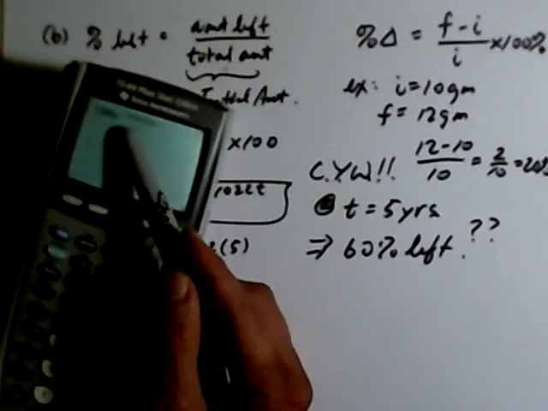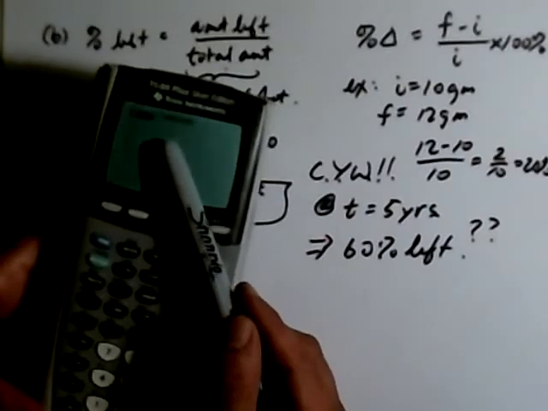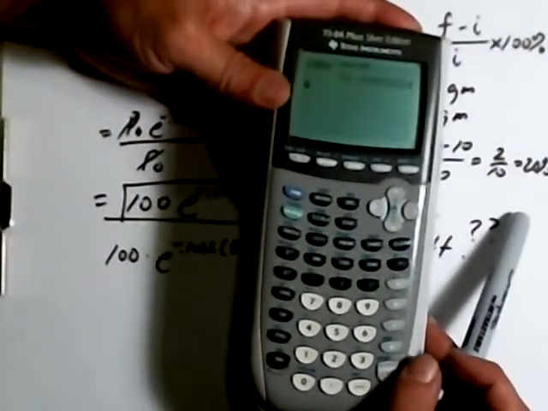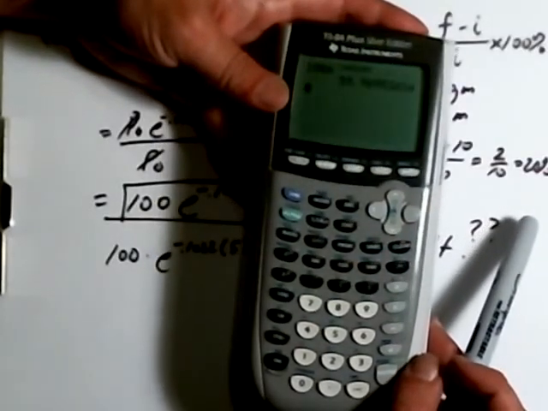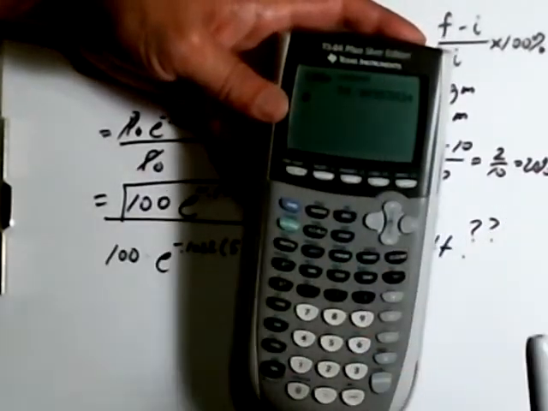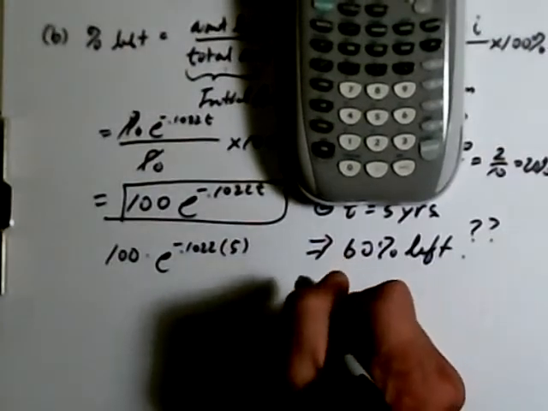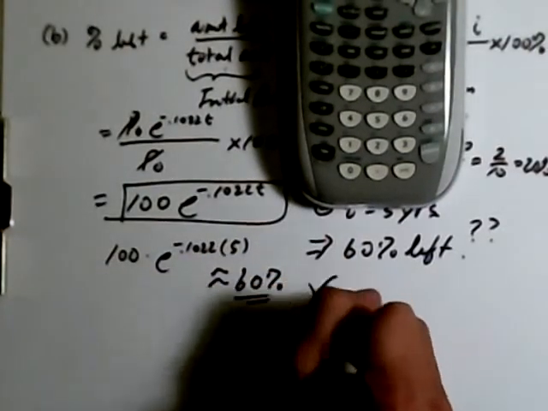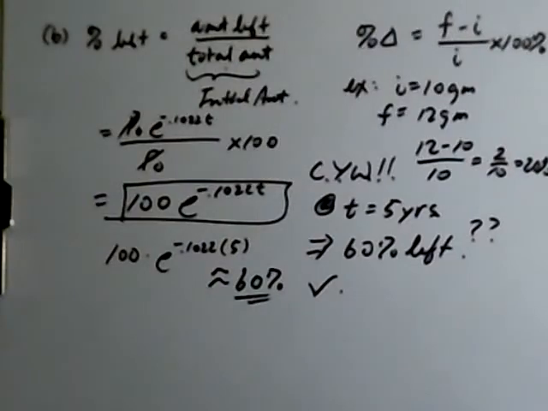If you don't get that negative in, I didn't get that negative in at the very beginning sometimes, and it threw me off quite a bit. And you should end up with 60%, 59.9895. That's approximately 60%, and so we checked our work, okay?